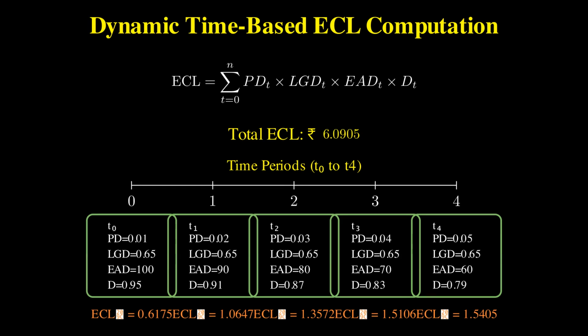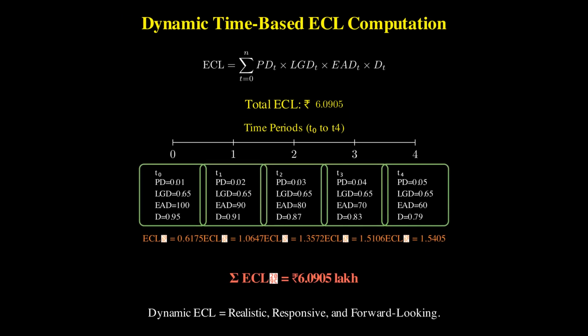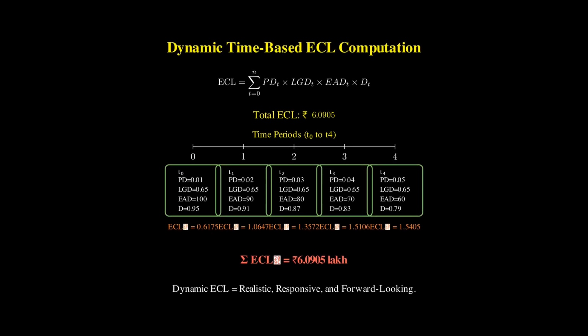Lifetime ECL in simplistic terms means computation considering lifetime cash flows, and 12-month ECL means computation based on 12-month cash flows. Dynamic computation of expected credit loss makes provisioning realistic, responsive, and aligned with future expectations.